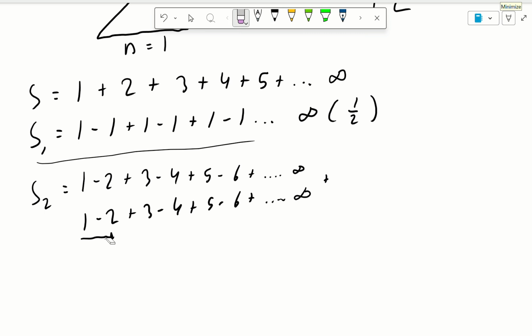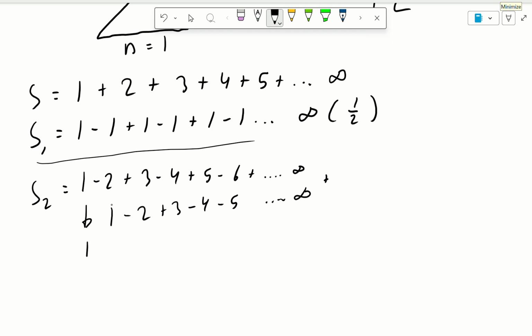We can do this because it's until infinity, so it won't have any effect on the numbers which are available. Infinity doesn't change. Now if we add them, of course, the 1 just stays a 1.